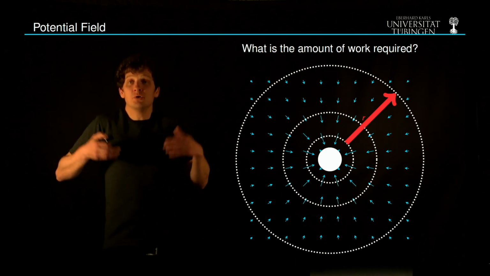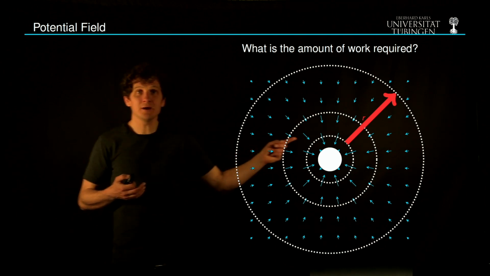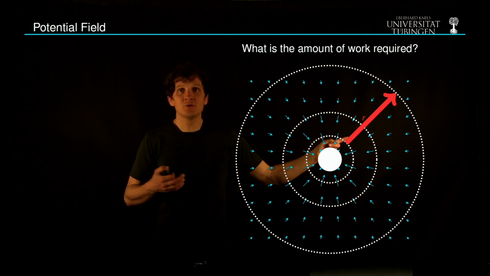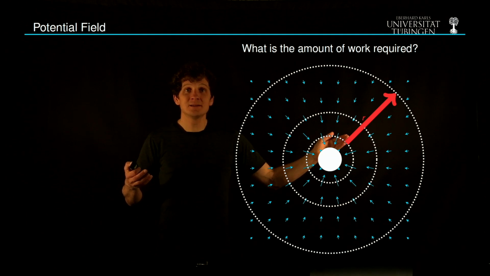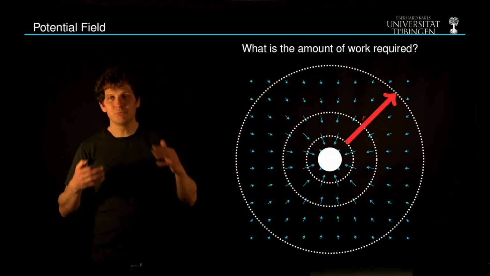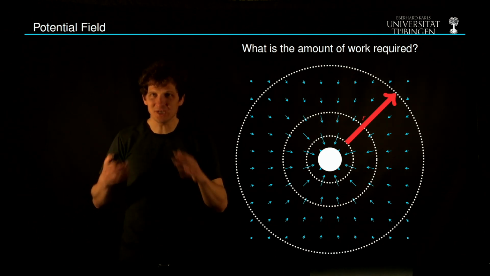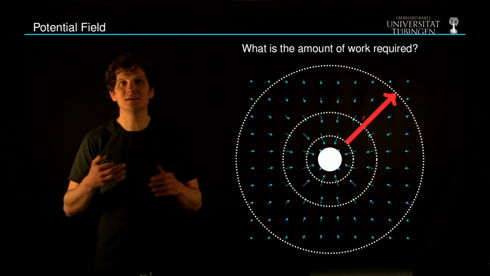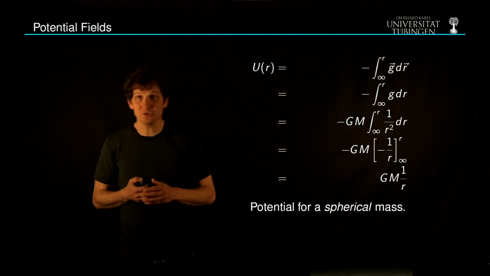So if I would like to calculate that required work, then I need to account for the change in magnitude of the gravitational pull along that trajectory. And I can do this using, again, an integration.